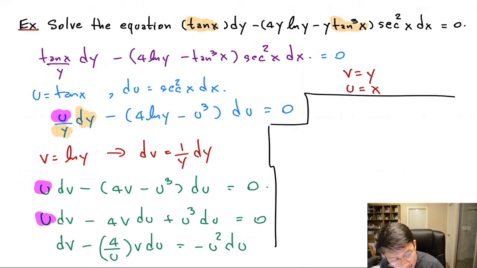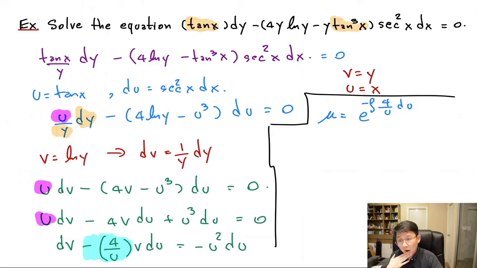My integrating factor would be mu equals, and it's gonna be this guy, right? If you remember, it's the coefficient of v, the coefficient of the second term. So mu would be e to the integral of minus 4 over u du.